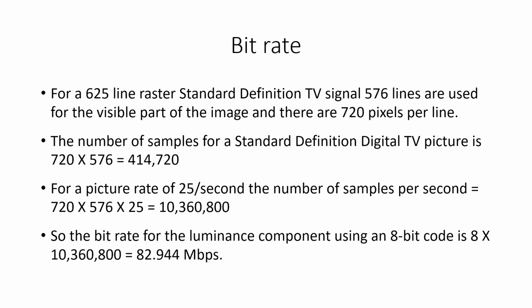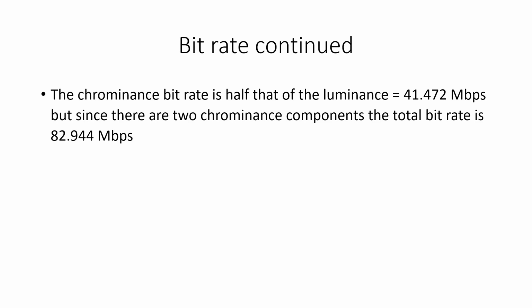So the bit rate for the luminance component using an 8-bit code is 8 times 10,368,000, which is 82.944 megabits per second. The chrominance bitrate is half that of the luminance, which equals 41.472 megabits per second, but since there are two chrominance components, the total bit rate is 82.944 megabits per second. So the total video bit rate is 166 megabits per second.